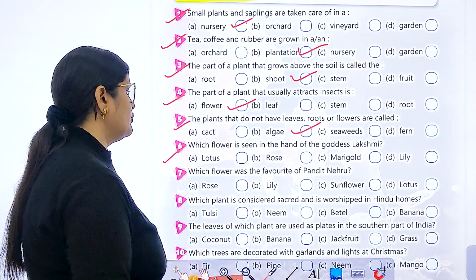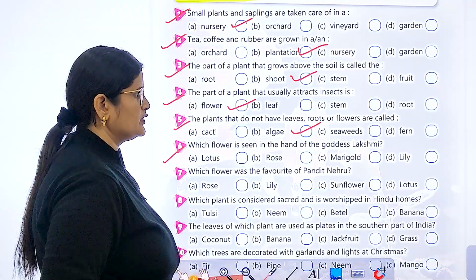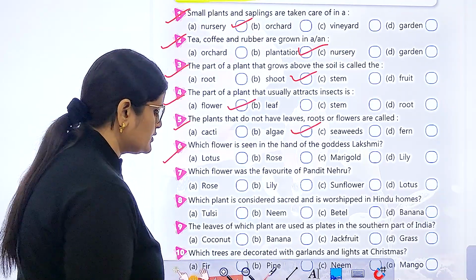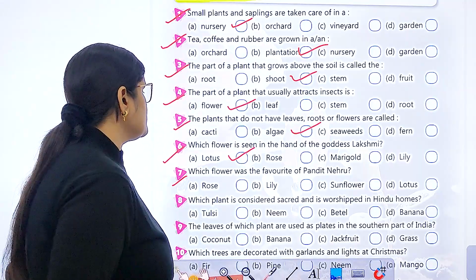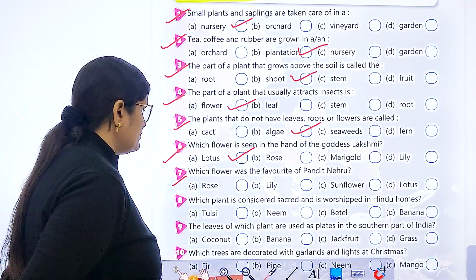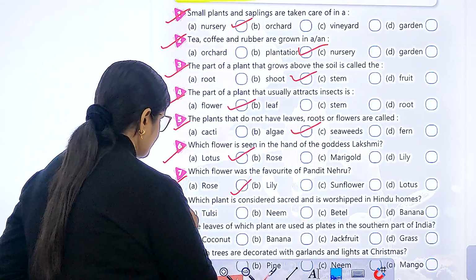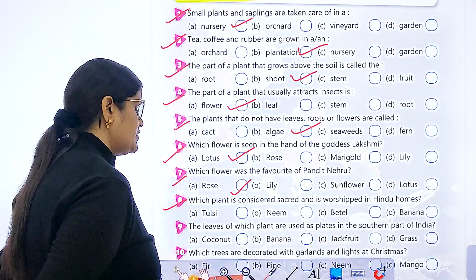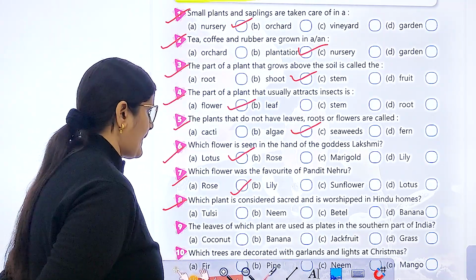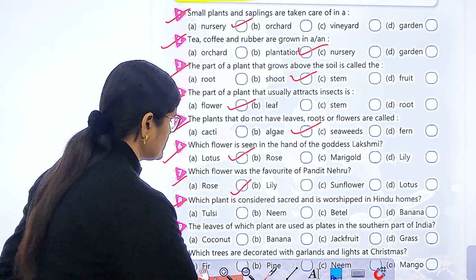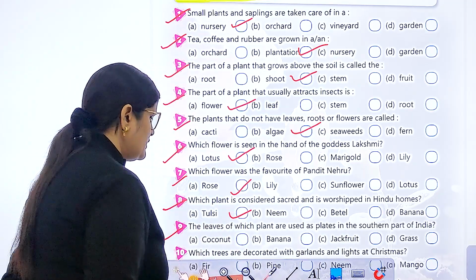Number 6. Which flower is seen in the hand of the goddess Lakshmi? Lotus. 7. Which flower was the favorite of Pandit Nehru? Rose. Number 8. Which plant is considered sacred and is worshipped in Hindu homes? Tulsi.